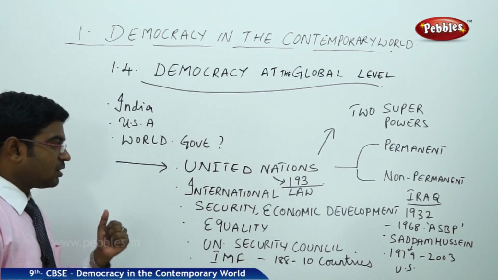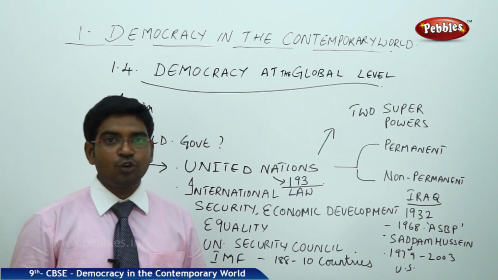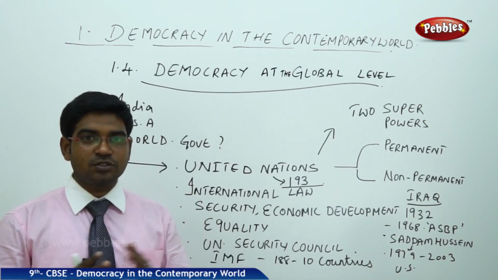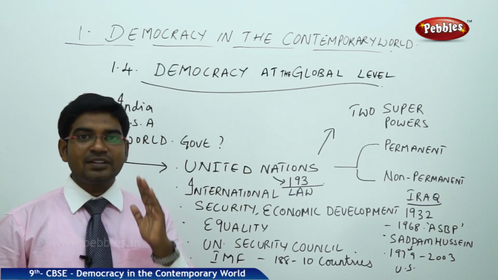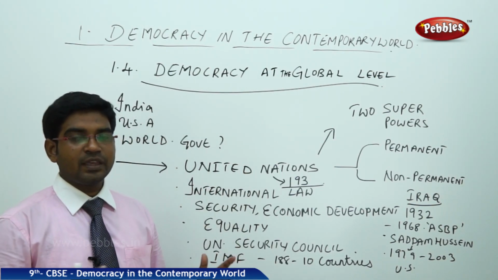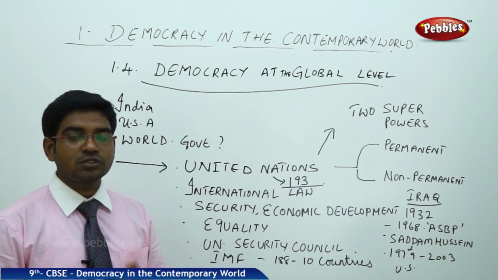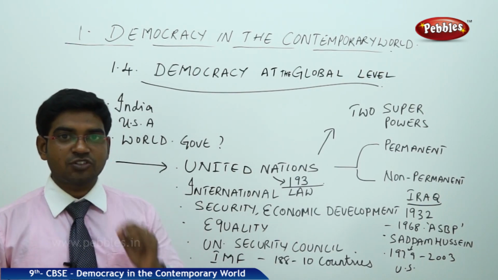Now, what does the UN do other than political solutions? International security: whenever international security is under threat, they try to solve the issues peacefully through negotiations.